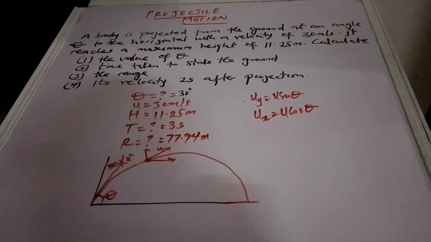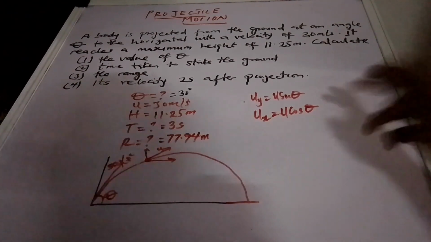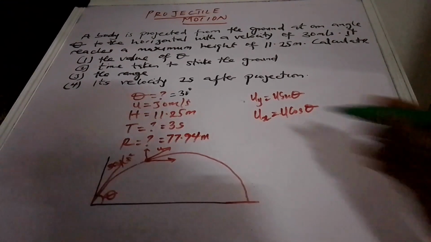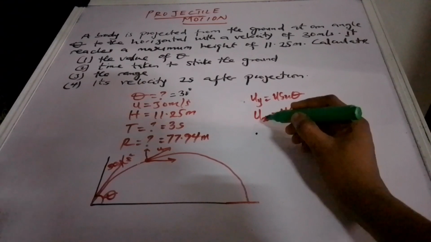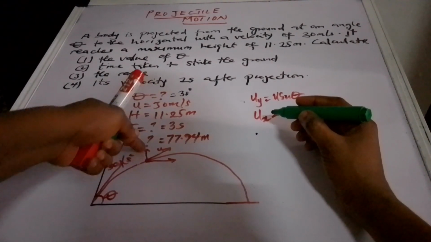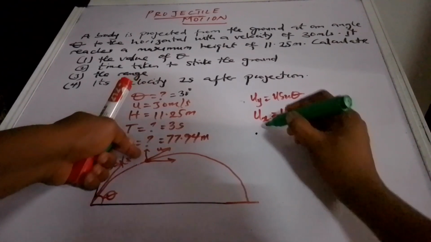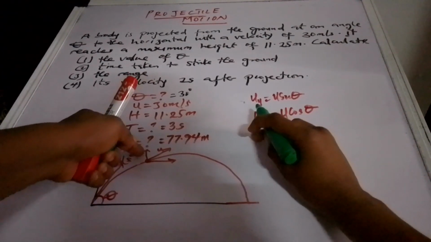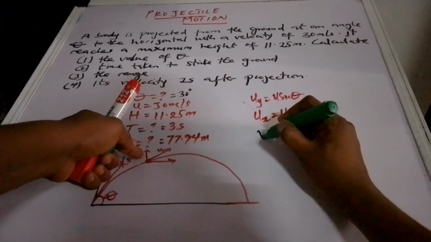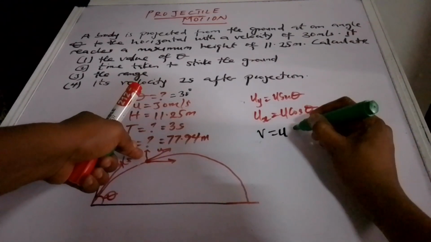Now, for the vertical component, we are going to look for our vy. We want to look for the velocity of the vertical component here. So velocity here changes with gravity. You remember that it changes with gravity. So our velocity here is going to be v equals u.